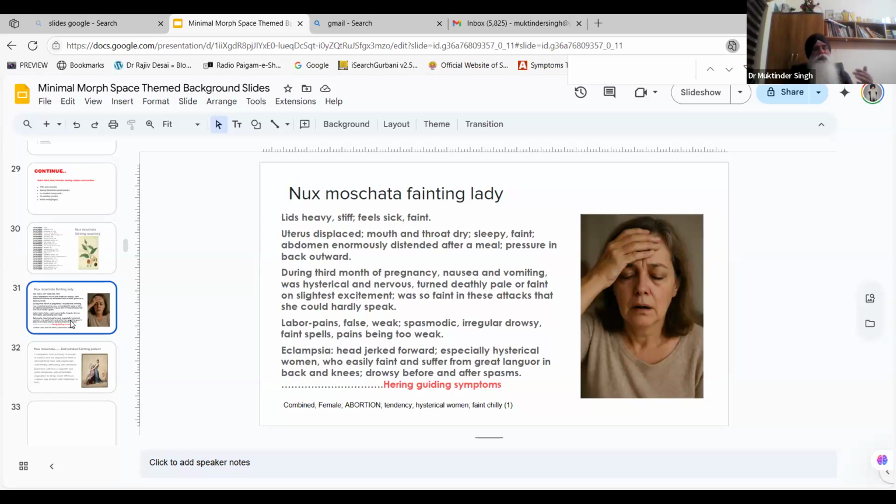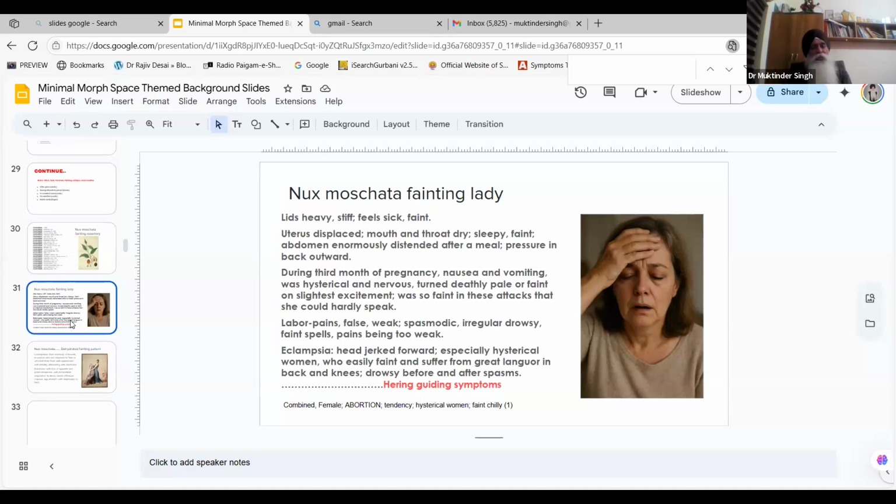Or sometimes ladies take contraceptive pills, or after accidental pregnancies they take pills to abort the child, or after abortion. Whenever there is an insult to your hormonal system, and suddenly you get symptoms of sleepiness, uneasiness, fainting or something, I always use Nux moscata. It is as important a remedy as Nux vomica.